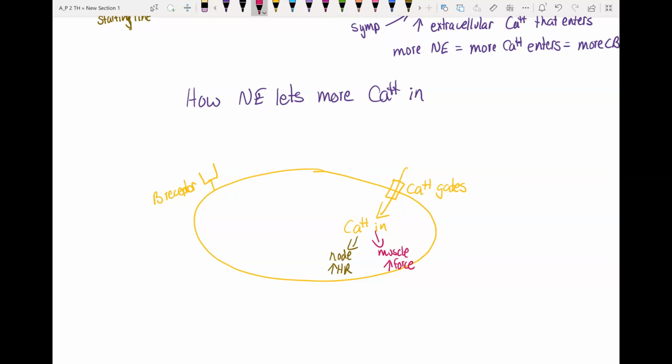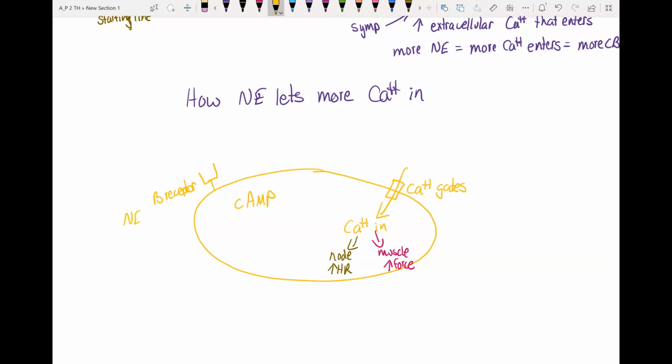There's another molecule in here called cAMP, cyclic AMP. Think back to chapter 17 when you learned about hormones. Remember, water-soluble hormones bind to a receptor on the surface of the cell. Beta receptor is on the surface.